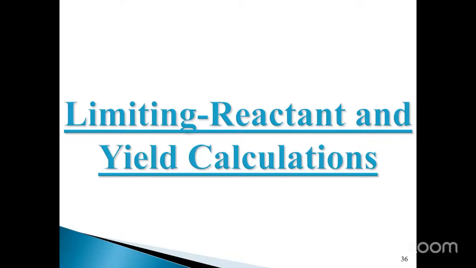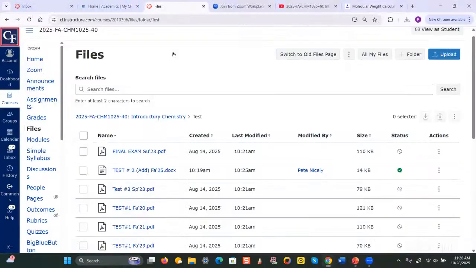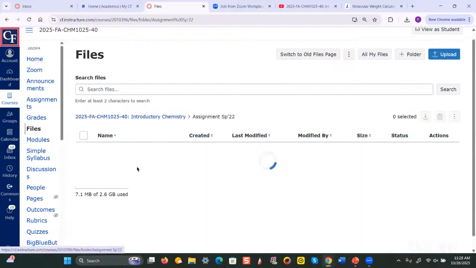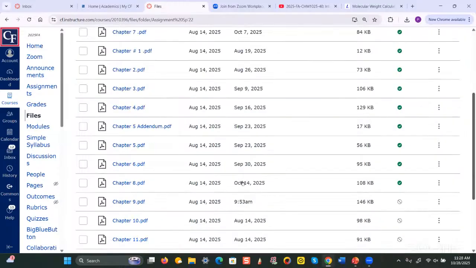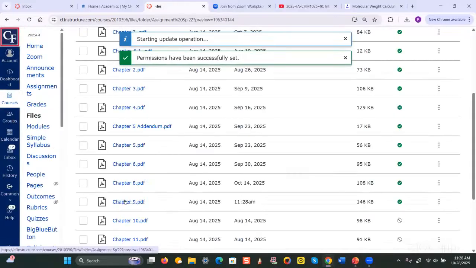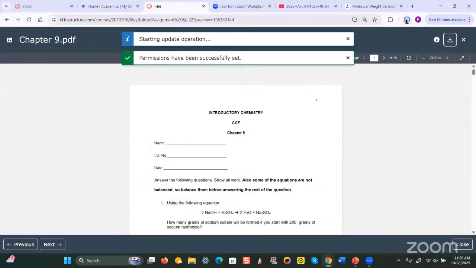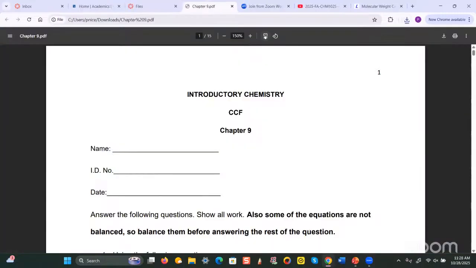And for you guys out there on Zoom, let me go ahead and publish assignment 9 here. Okay, so you guys out there on Zoom, you can now download assignment 9, which I'm doing right now.